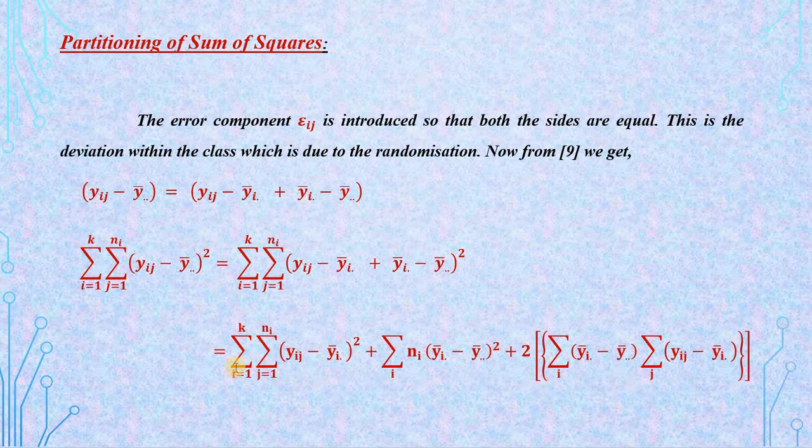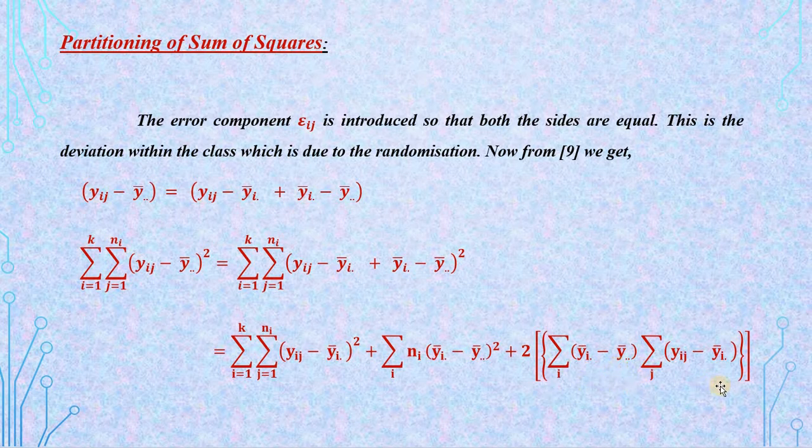Thus we have double summation yij minus yi dot bar square plus summation i from 1 to k ni into yi dot bar minus y double dot bar whole square plus the product term. In the product term, summation i from 1 to k of yi dot bar minus y double dot bar is equal to 0, because the sum of the deviations of observations from their mean is always equal to 0.